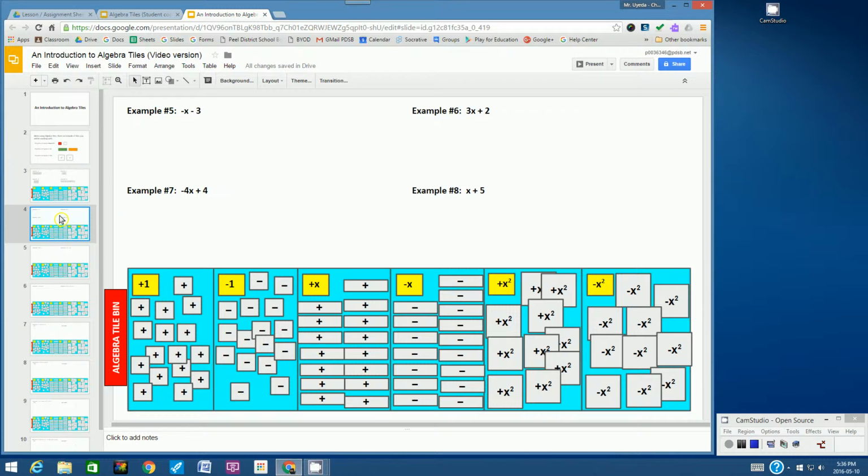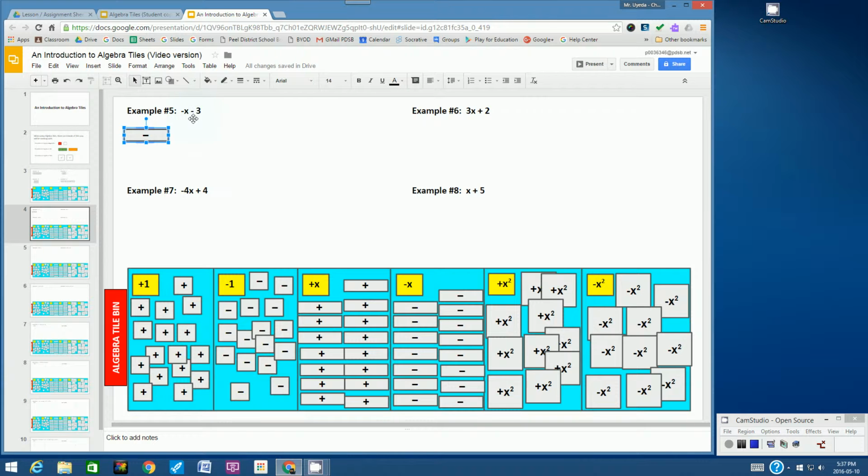All right, so we're going to combine different types of tiles now. Let's look for the x's first. We have a negative x, so that's this tile over here. And then what's the next term in this algebraic expression? Well, we have a negative 3.